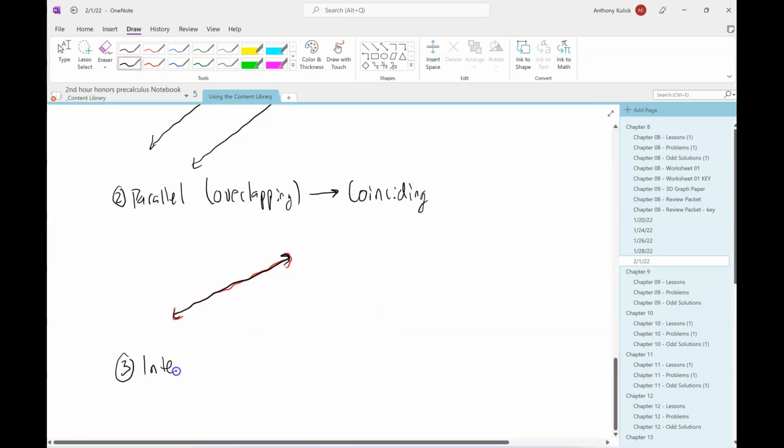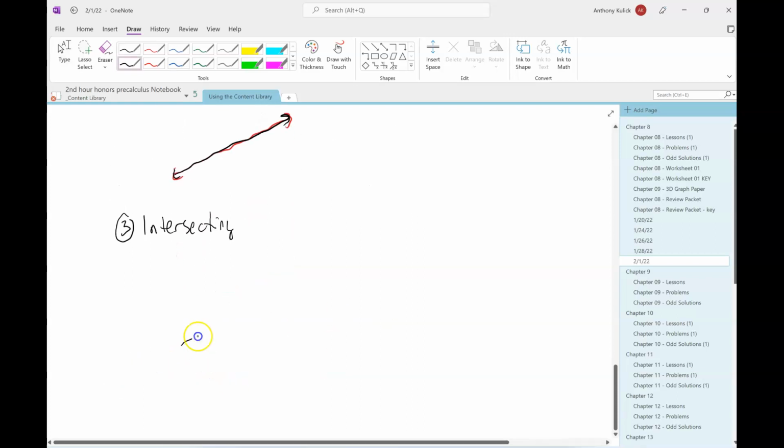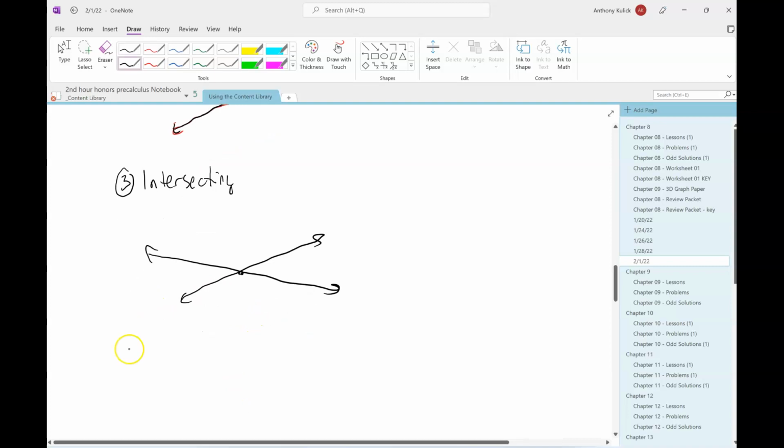The third is intersecting. So again, imagine the 2 lines in the same plane. They intersect. And the fourth is different from 2 dimensions. These 3 other outcomes are the same outcomes that you could get in 2 dimensions. The last outcome, though, is lines that are not parallel and not intersecting.